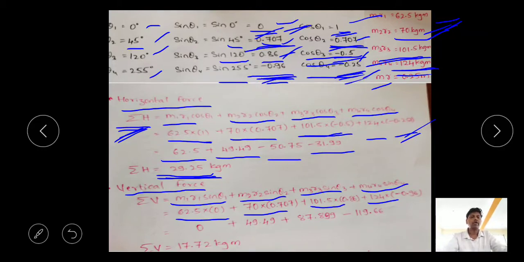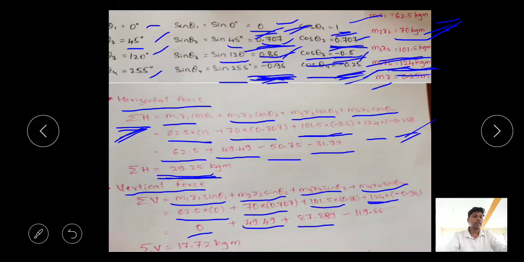Now 62.5 into 0 will be 0. Then this will be 49.49. 101.5 into 0.86, if you multiply that, you will get 87.899. Then 124, that is M4 R4, into sin of 255, minus 0.96.